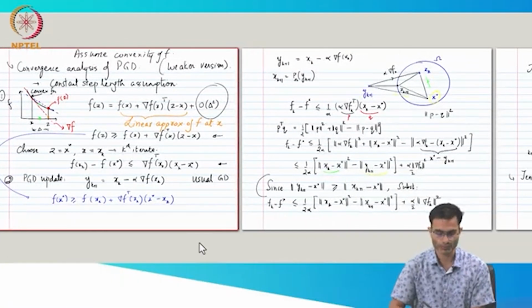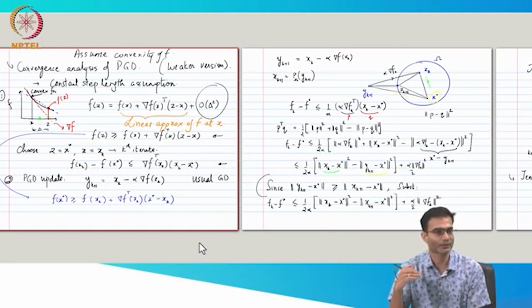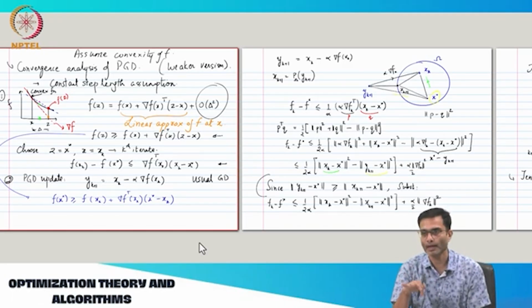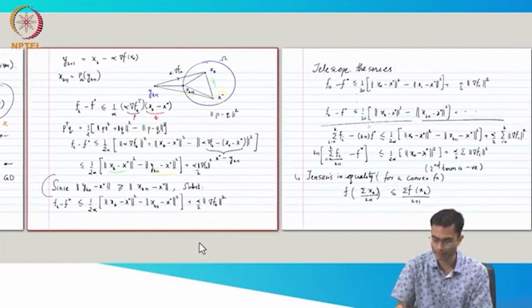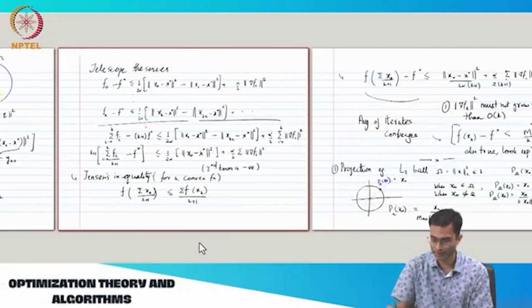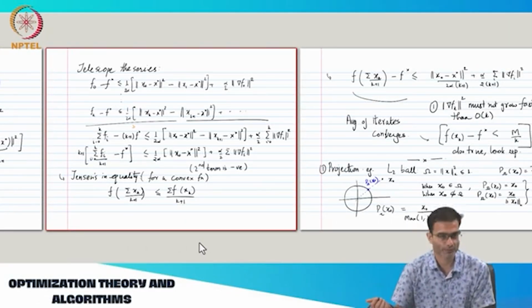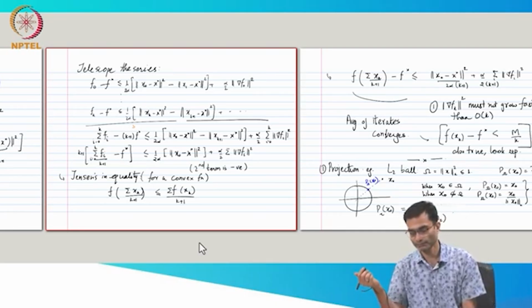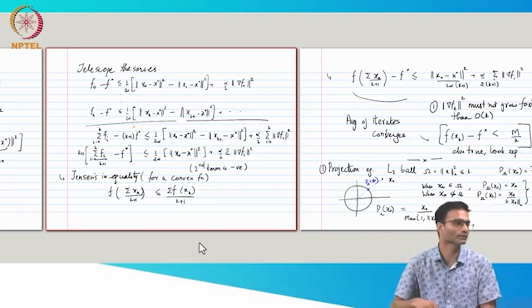The proof was trying to get a telescoping series that I could sum, and along the way I got y, and I tried to get rid of y, I got x, and then I used my Jensen's inequality or property of convex sets, and I got that the final expression here, that the average of the iterates is shown to converge. Okay, and that is a weaker version, but there is also a stronger version.